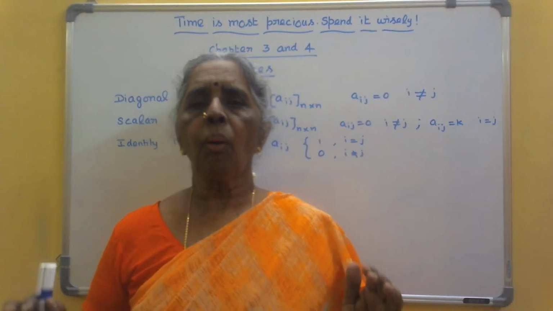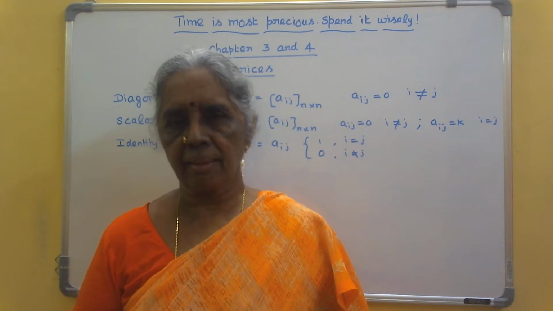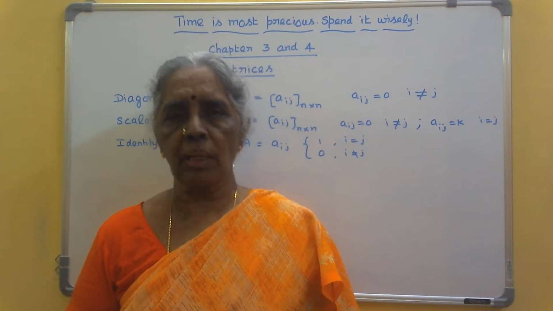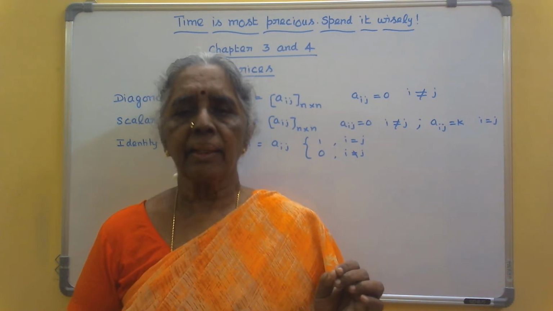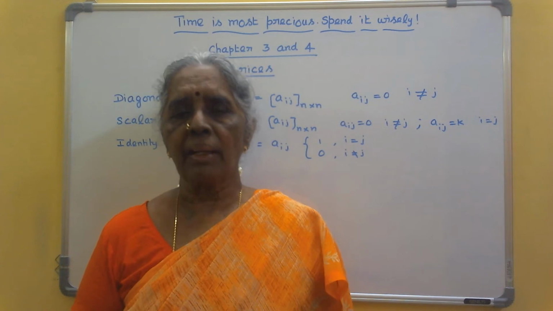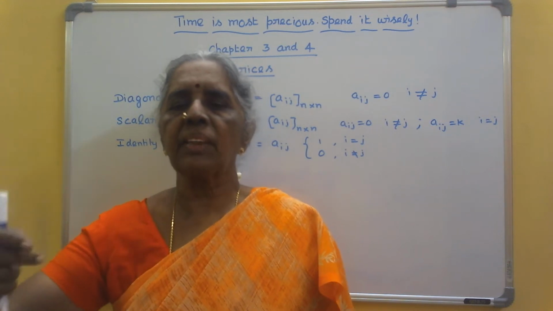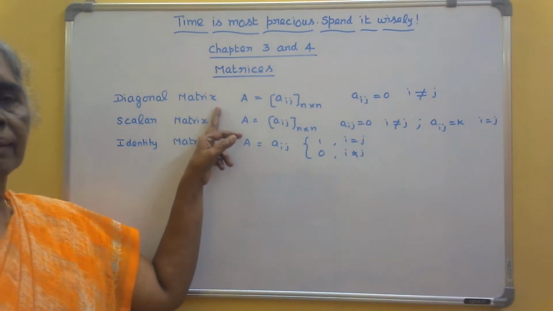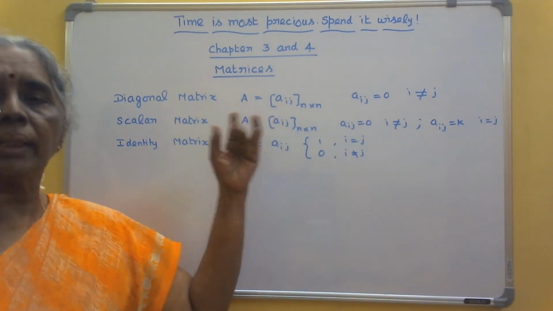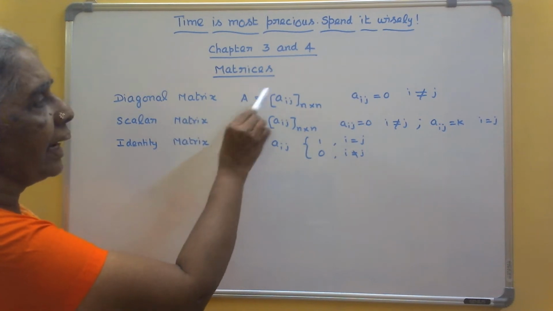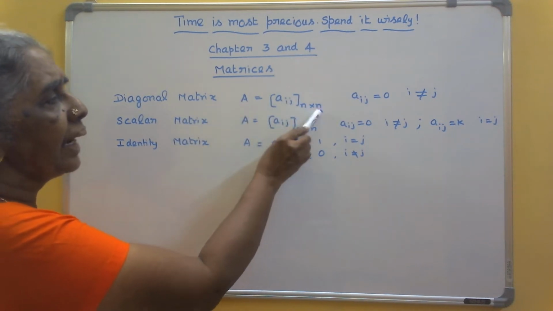You should know all the types of matrices. If the number of rows is equal to the number of columns, it is a square matrix. In a square matrix, there are further classifications. You have the diagonal matrix. You should know the notation in this ij. A diagonal matrix A is equal to [a_ij] n cross n.